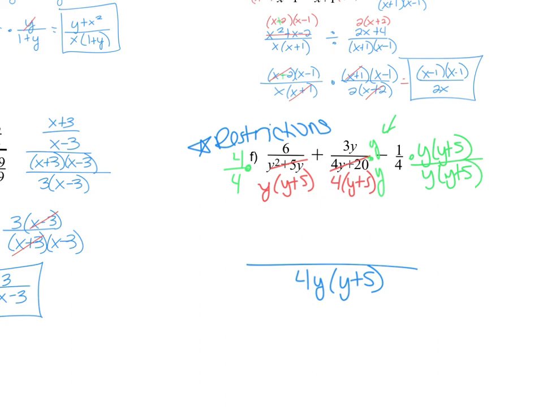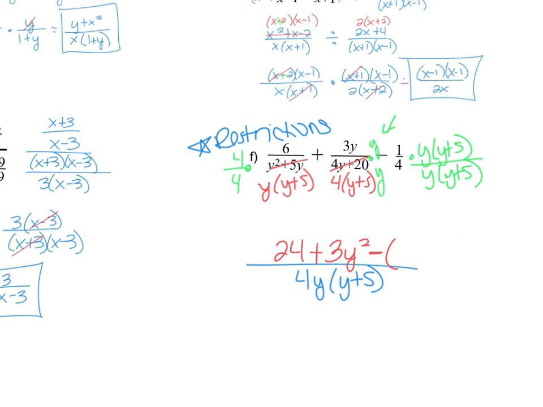So let's do the first one. That gives me 24. The second one gives me positive 3y squared. And the third one we're going to have minus, and then parentheses, because I'm going to distribute the negative in a bit. And I'm going to go ahead and multiply it out.